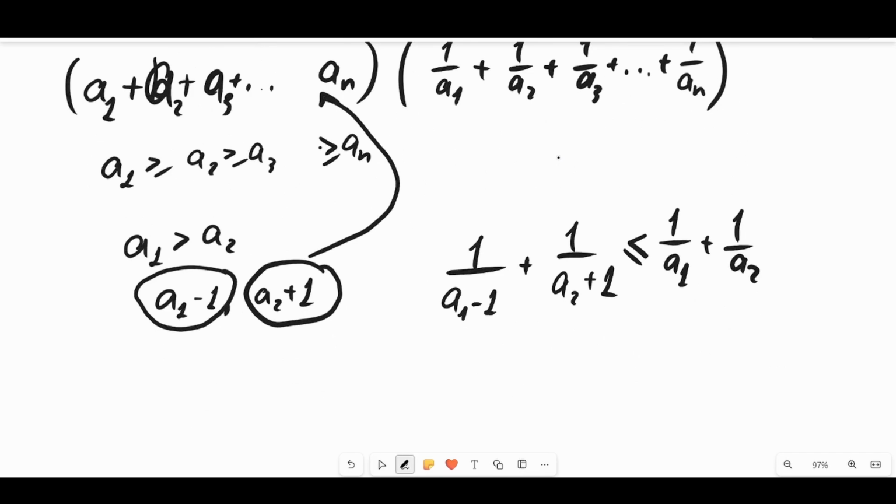So this would be equal (a1 minus 1) times (a2 plus 1) must be more or equal to a1 times a2.